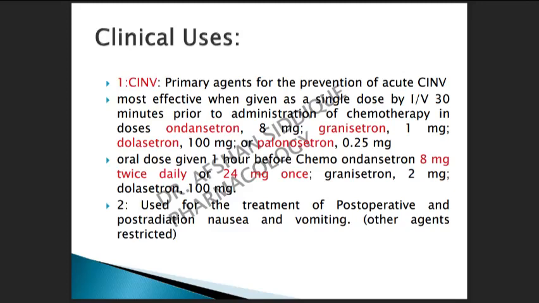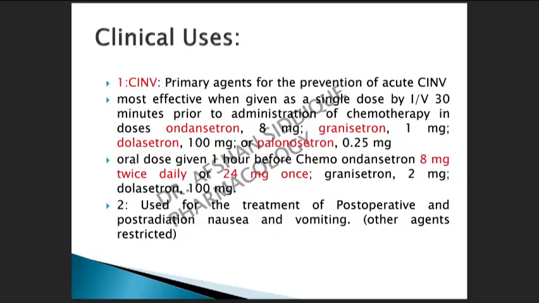Oral dose given 1 hour before chemotherapy of ondansetron is 8 mg twice per day or 24 mg once a day. Now it is used for the treatment of post-operative and post-radiation nausea and vomiting when other agents are restricted due to any adverse effect that may be incompatible with the patient.